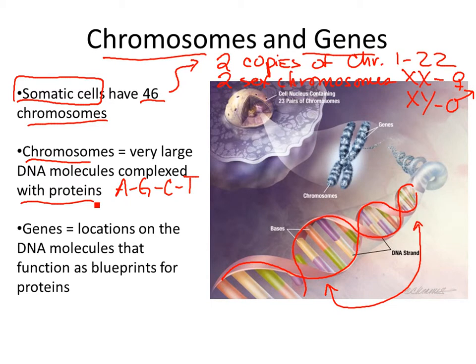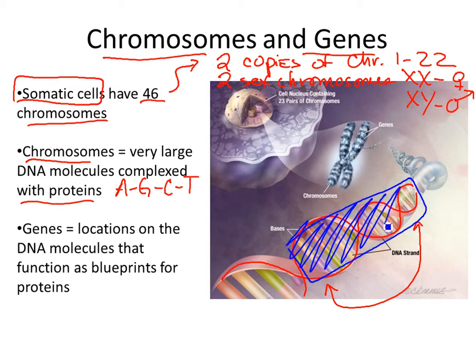Now along your chromosomes, at particular locations, you have stretches of A's, G's, C's and T's in particular orders or sequences that function as genes. Genes are blueprints or recipes for the thousands of different types of proteins that the cells in your body need to make. And proteins, as you've learned, are the workhorses of your cells.